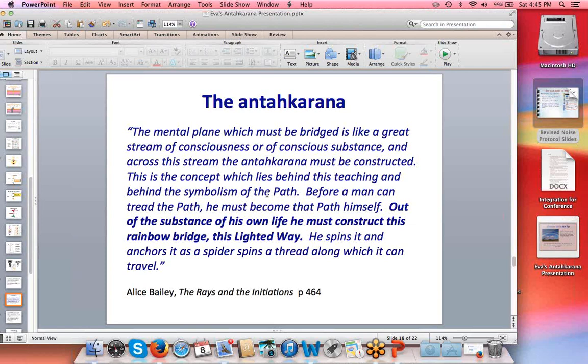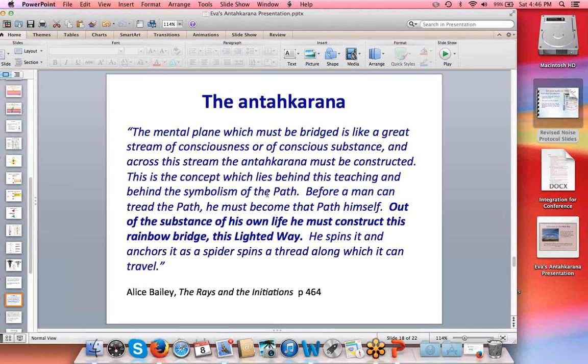As much consciousness as you have infused into your being is reflected in the Antahkarana, which is the path, because you've created this path. And it's lighted with the amount of light that you are. So you construct the Antahkarana out of your own light and your own substance. Do we truly understand that?